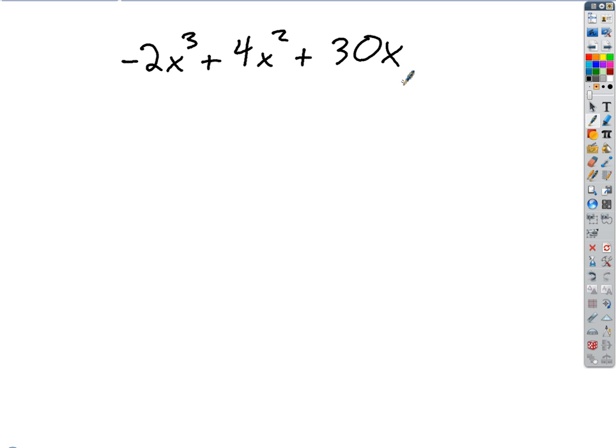Is there a greatest common factor that I can undistribute? Because that's easy. It's just 2x. I can take an x away from each of those.